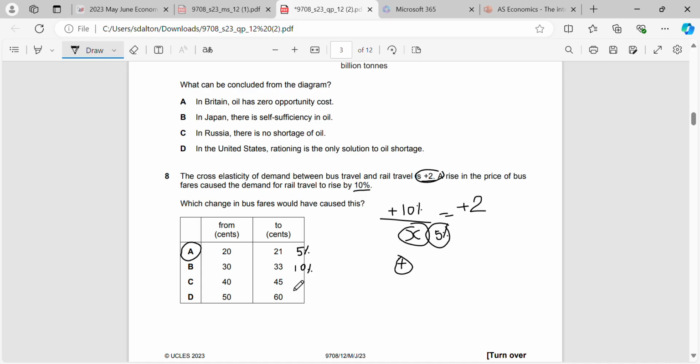This is an 8% price change, or 5/40, whatever, not 5 anyway, and then a 20% price change for the bottom. So we just find the one that matches our formula and gives us an XED value of +2.